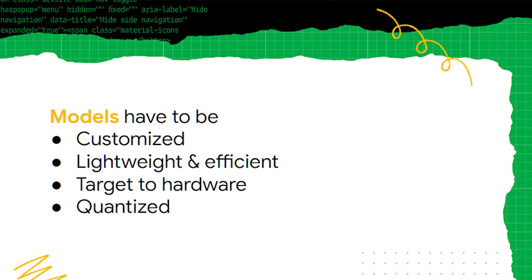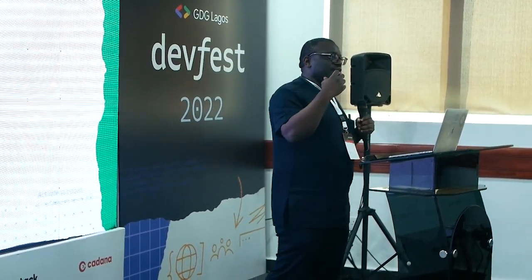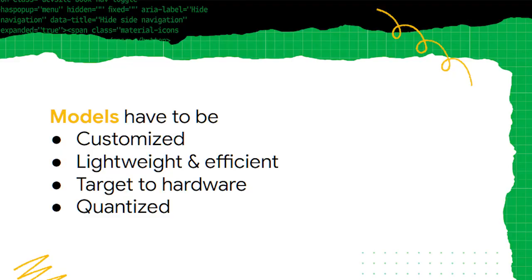They need to work on the hardware. The problem with edge devices is that they're not all the same. So what you need to get things working on a Raspberry Pi is completely different from what you need to get it working on the NICLA, for example. So you need to target. And then whatever model you have, you need to shrink down to be as small as possible. And that's a process called quantization.